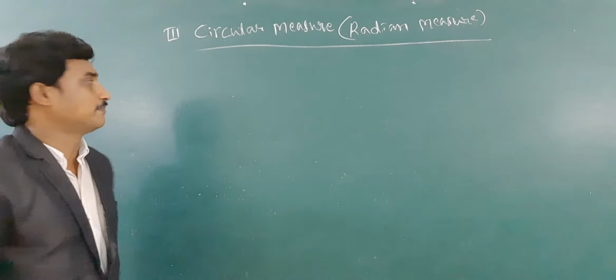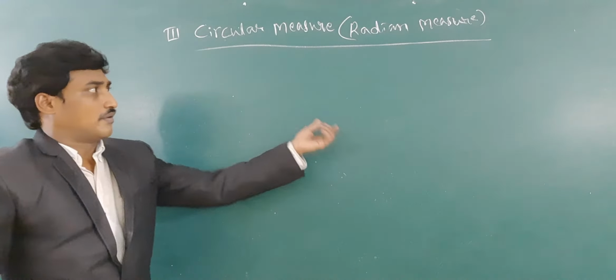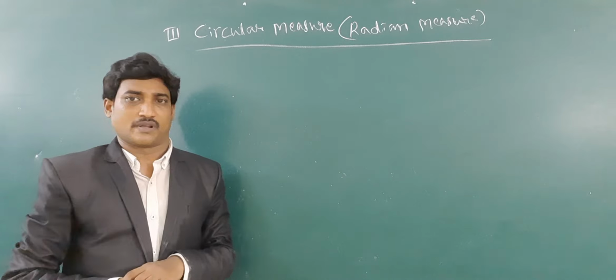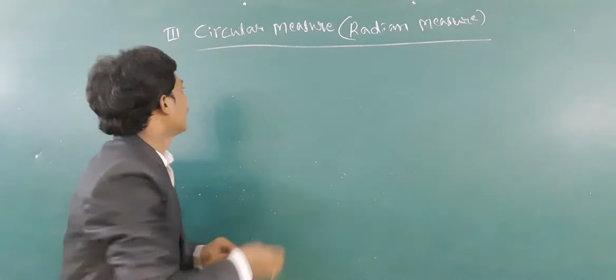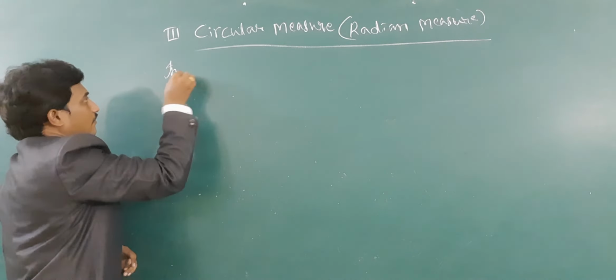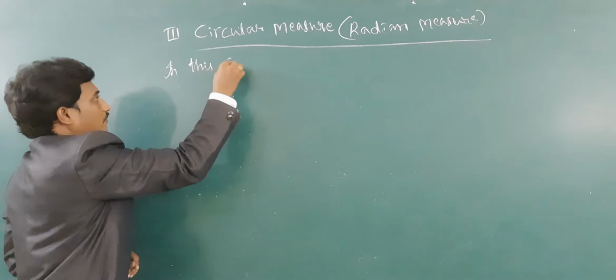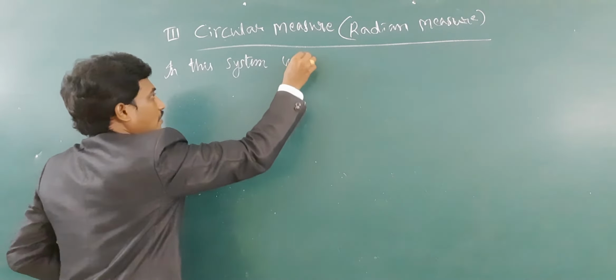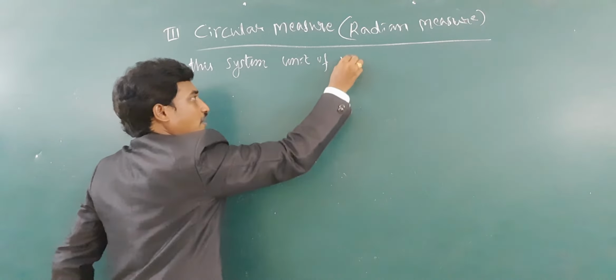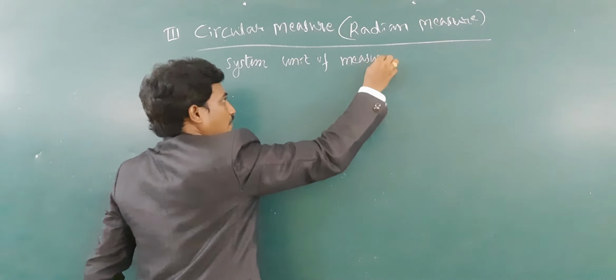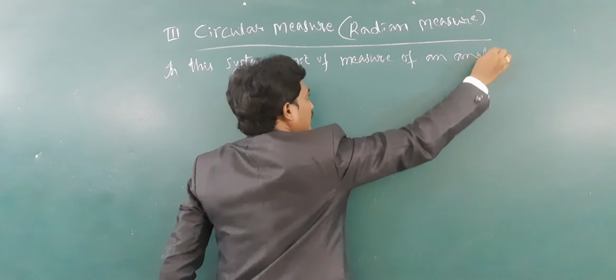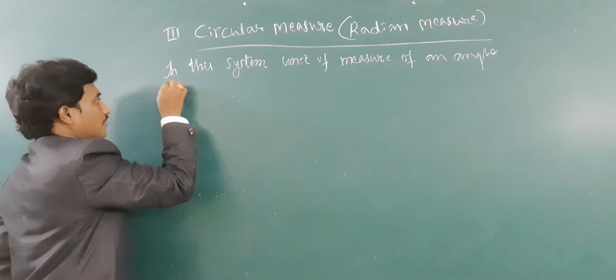In this system, the unit of measure of an angle is radian.